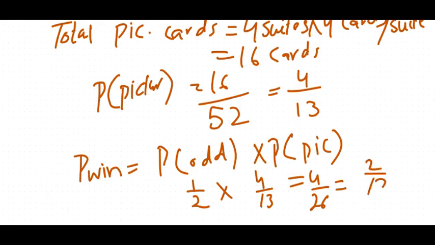Okay, so if 260 people play, the expected number of winners is P win multiplied by the number of players.